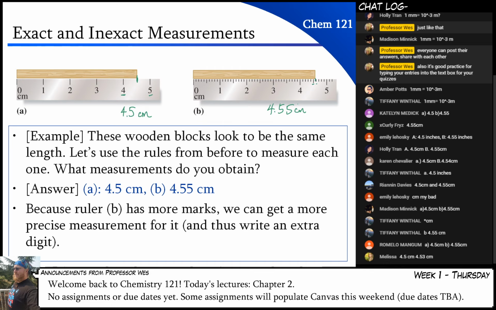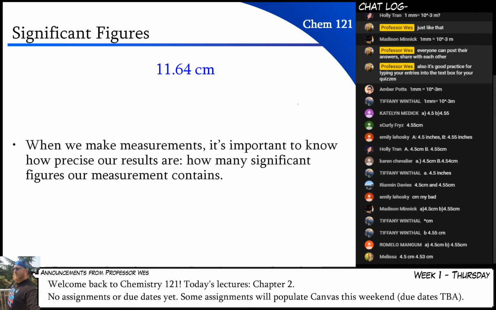Now, remember again that the ruler will dictate, with its marking, how many digits you get to write down. So you always get to write down what the marks tell you, and then you get to guess one more. Now, based on the numbers that you write down, that's going to tell you something about the instrument that was used. For example, let's suppose that I gave you this number, and you didn't know anything about the ruler.